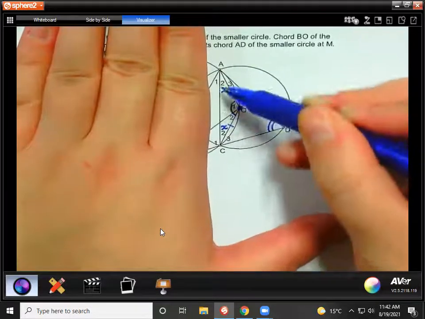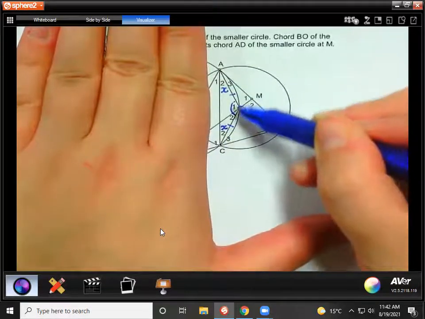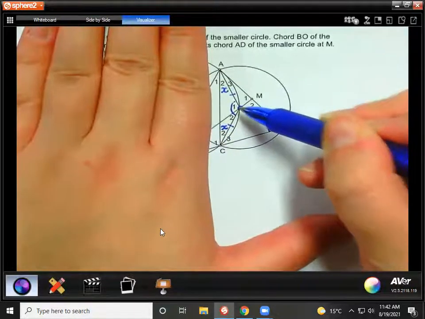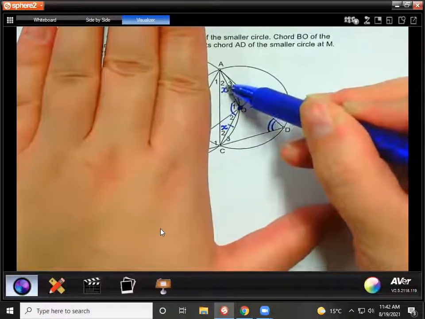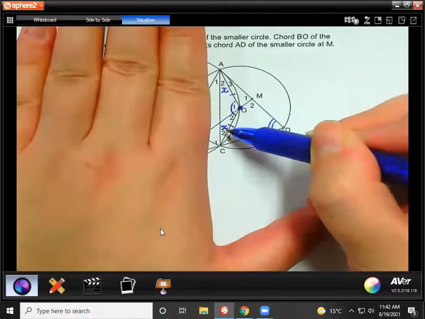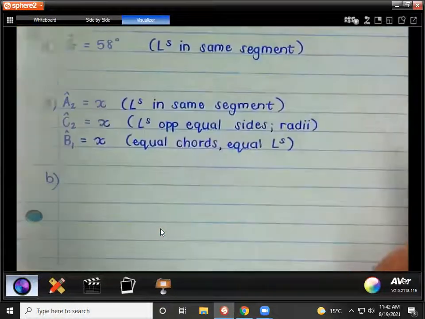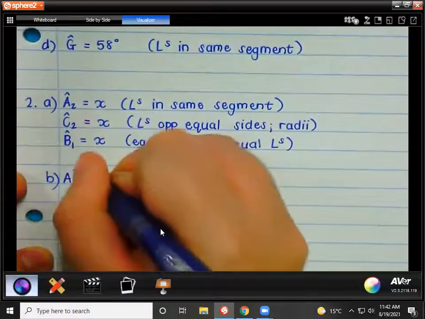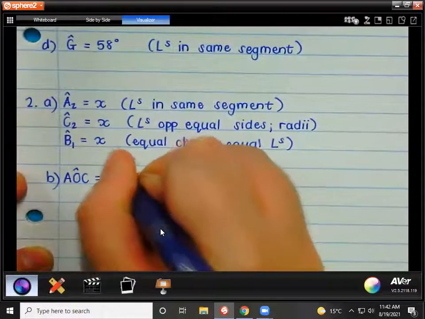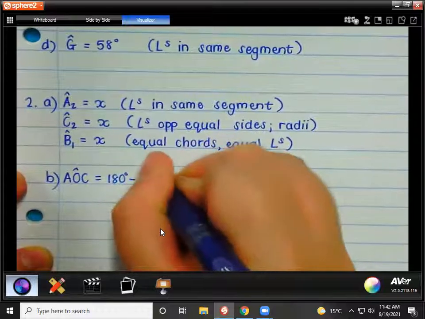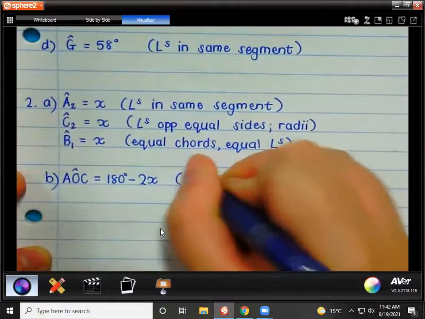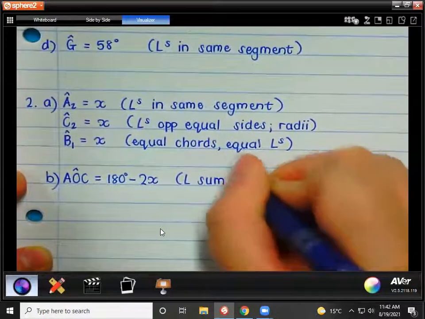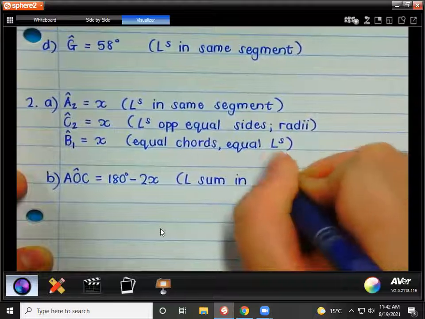Those two angles are both equal to x. So to get the third angle in that triangle, we're going to say 180 minus x minus x. So what does that simplify to? Minus 2x, yes, 180 degrees minus 2x. And the reason there is angle sum in triangle.